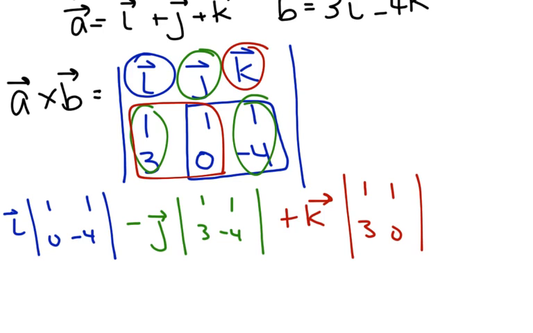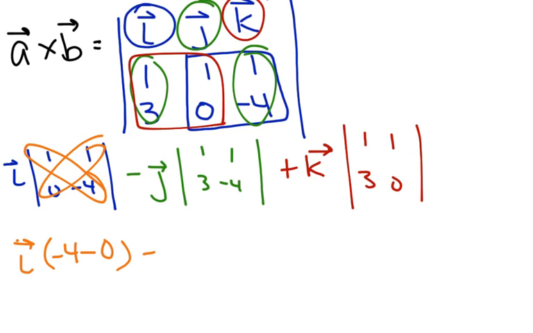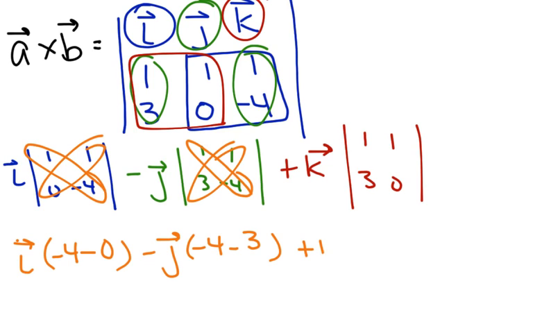The determinant is done in a very particular fashion. You have to specifically multiply this first minus this. Multiply this first minus this. Multiply this first minus this.